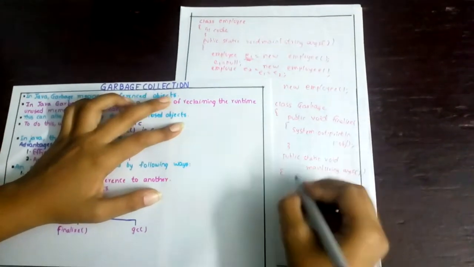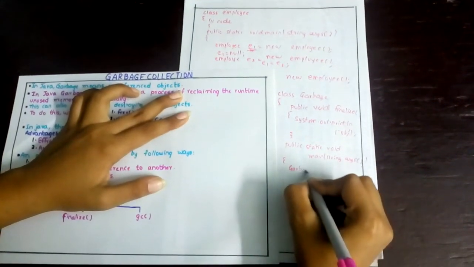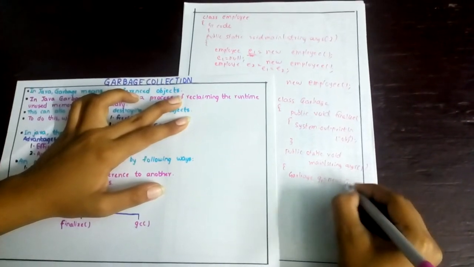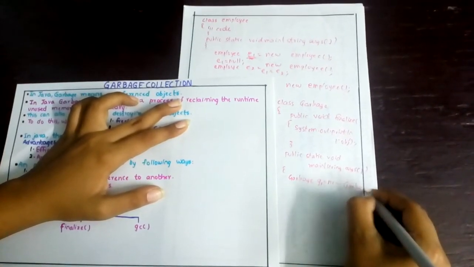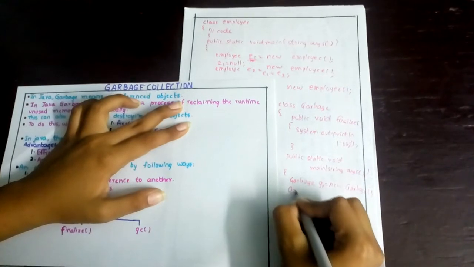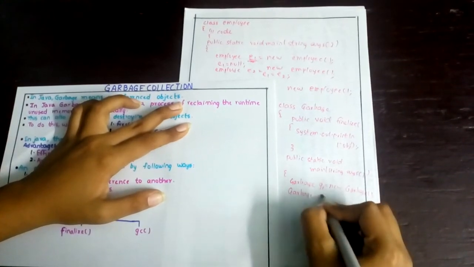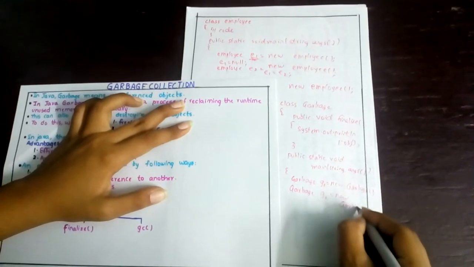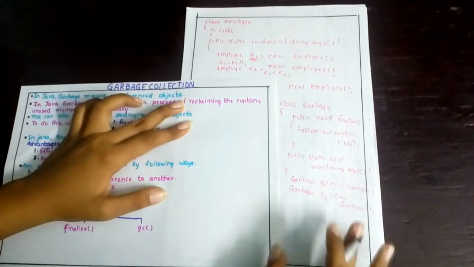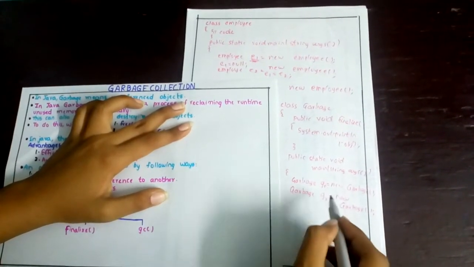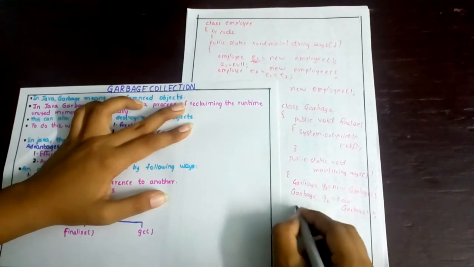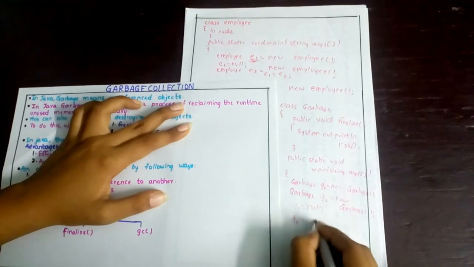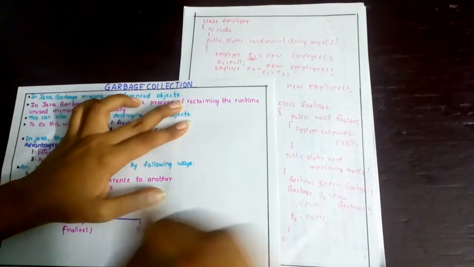Later we have to create an object. Garbage g1 equals new Garbage. Garbage g2 equals new Garbage. By creating these two objects, g1 and g2, we have to set them to null. And we have to close the class.